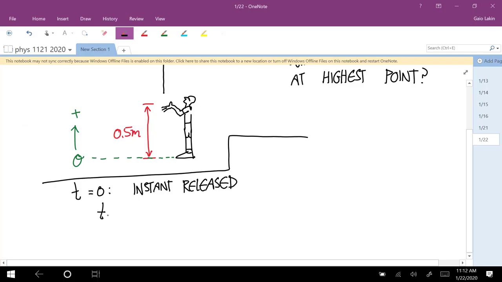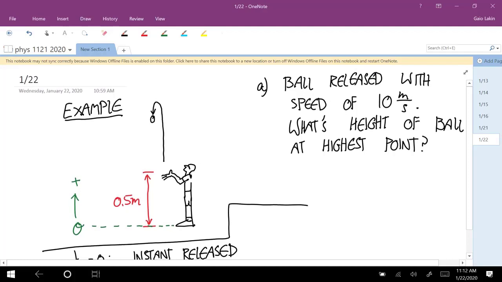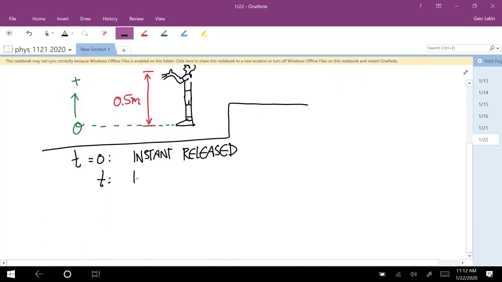And then the time t that we're going to look at is going to be when it reaches the highest point. So that's the instant it reaches the highest point. And the reason we have to choose that one is because that's the instant when we're trying to calculate something.